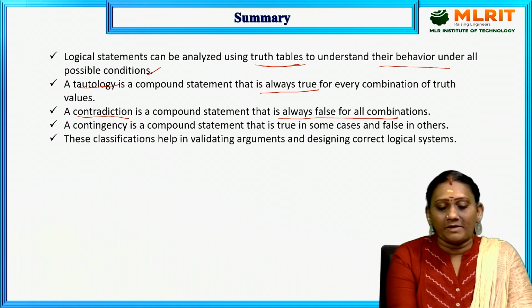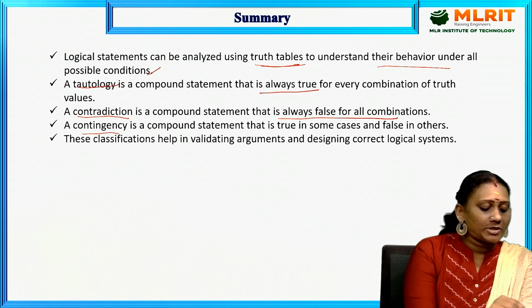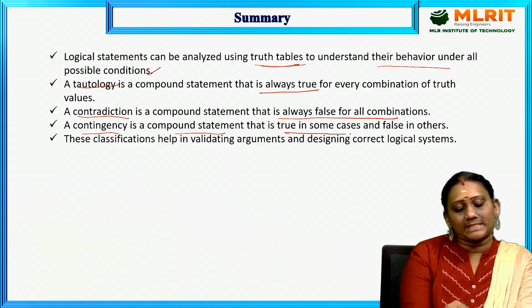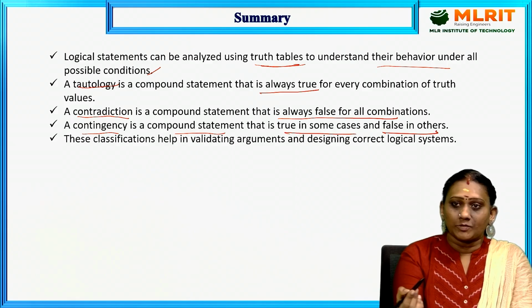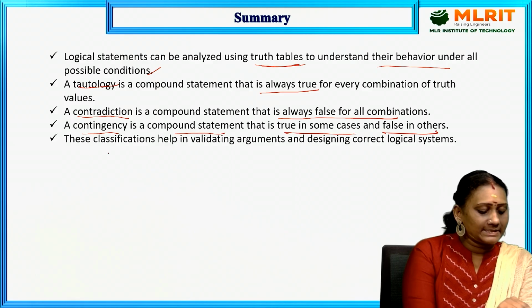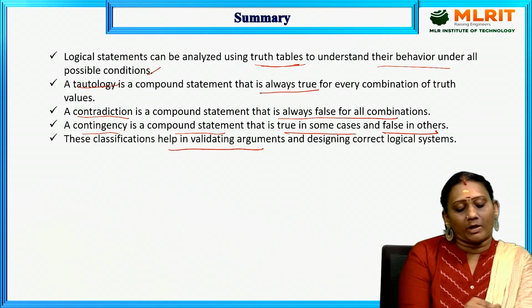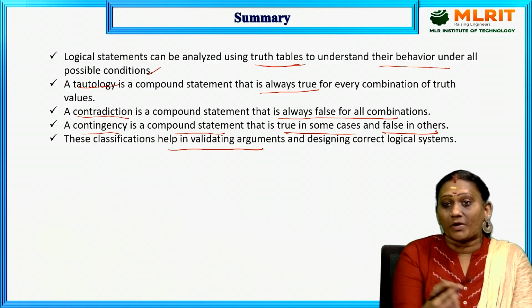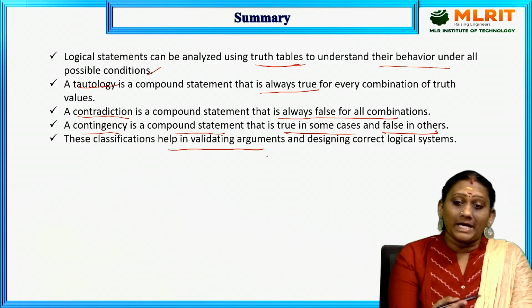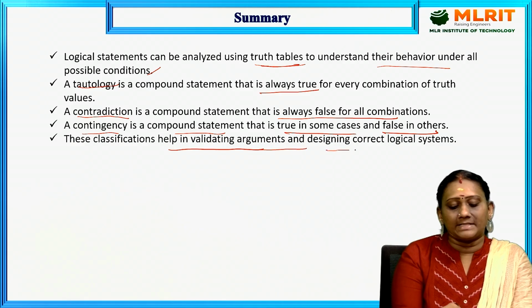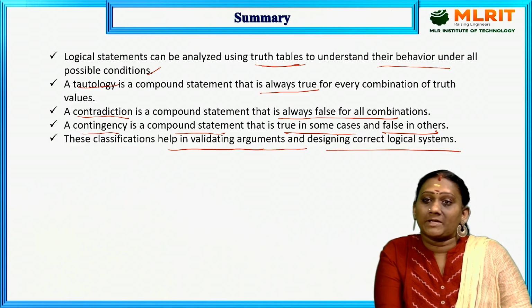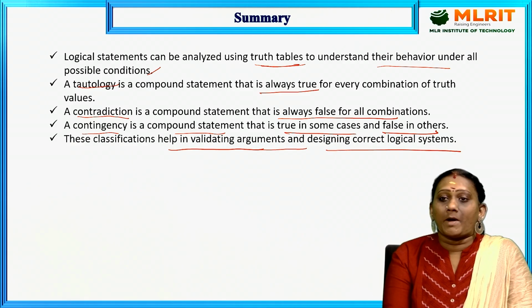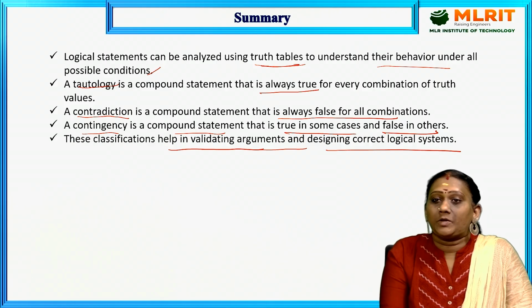This we have analyzed. A contingency is a compound statement that is true in some cases and false in other cases. This also we have learned. By doing such classifications, we can validate arguments and design logical systems using machine learning algorithms. So this is about tautology, contradiction and contingency. Thank you.